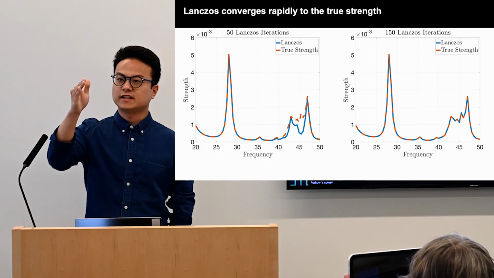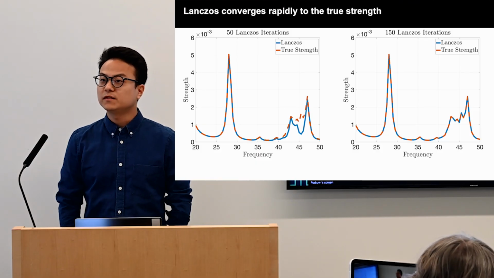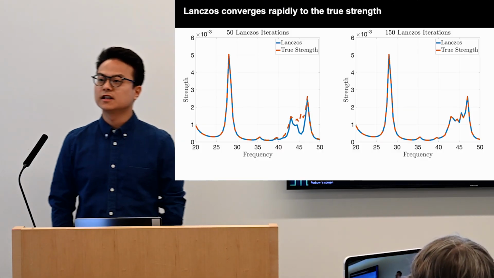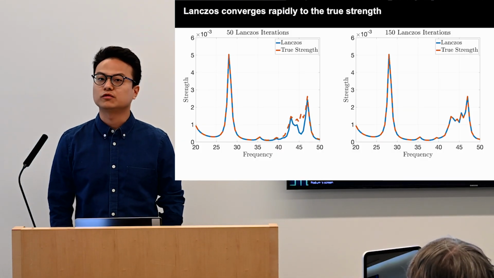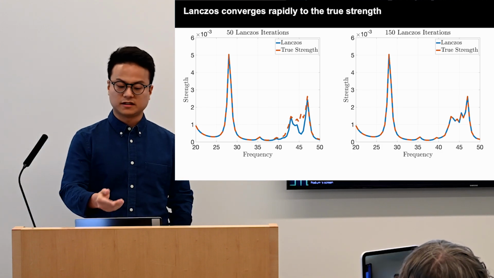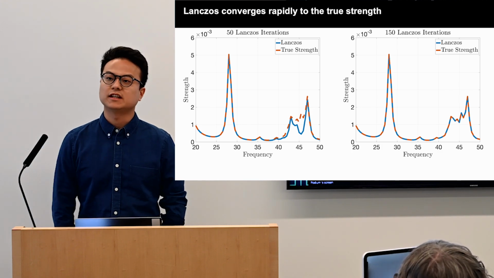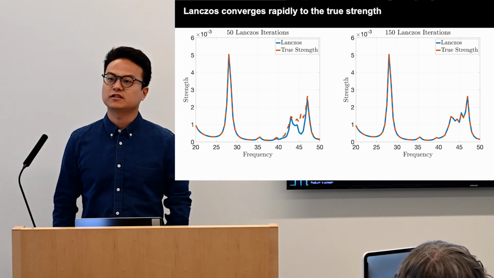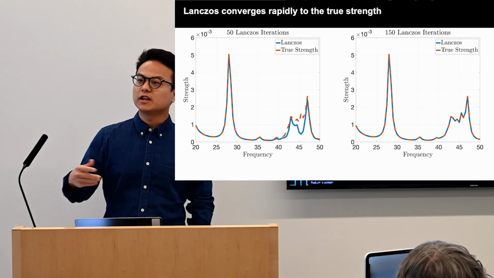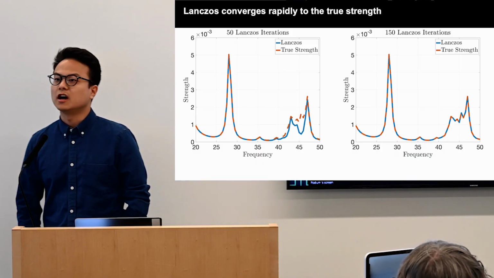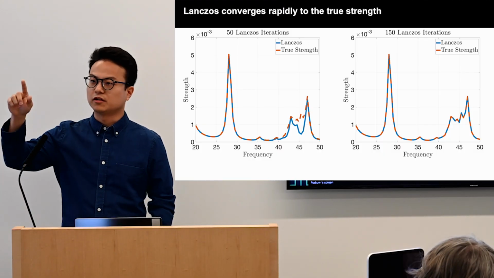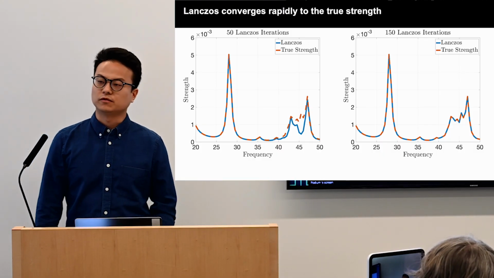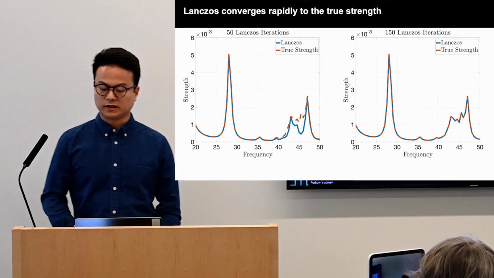And we see that with just 50 Lanczos iterations, we get a pretty good approximation of what the true strength function looks like. It's able to capture that largest peak that we see in this frequency range. And by the time we get to 150 iterations, even in that complex area where you have a lot of these small peaks, it's able to capture that quite accurately.